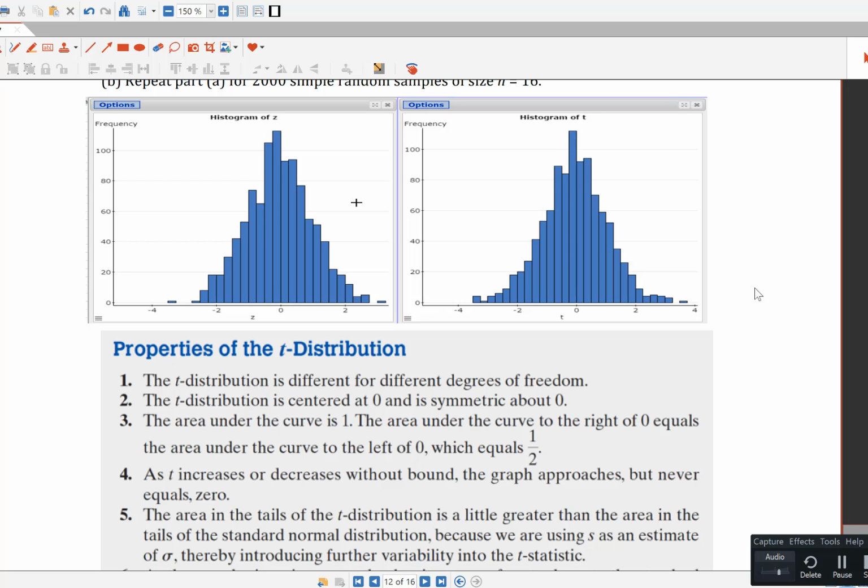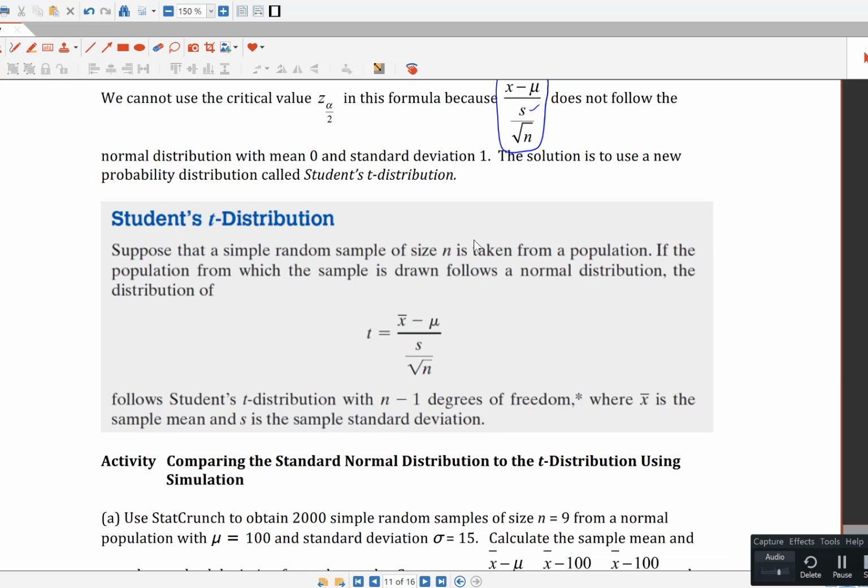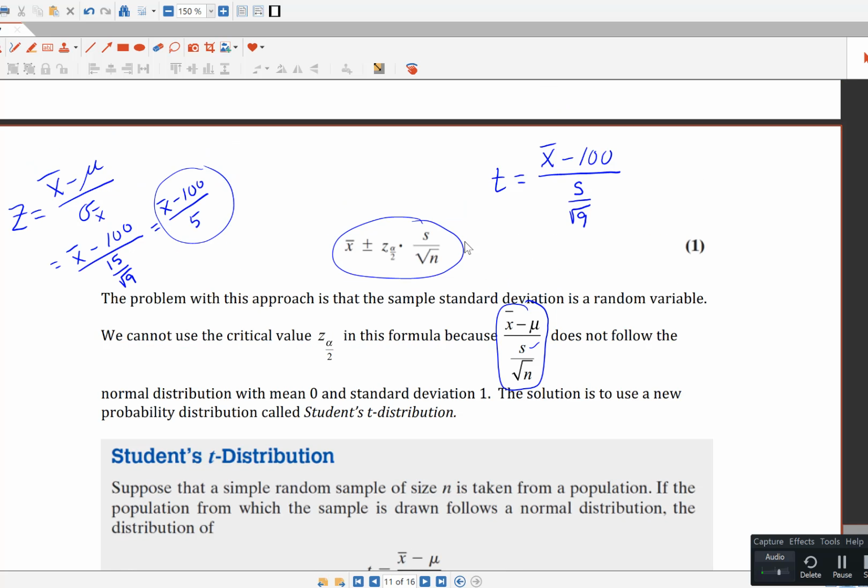And so, historically, when samples exceeded 30, this model right here was used for constructing confidence intervals. In other words, you could use the normal critical value for samples of size 30 or more, right? But for samples of size less than 30, you would use students' T distribution.